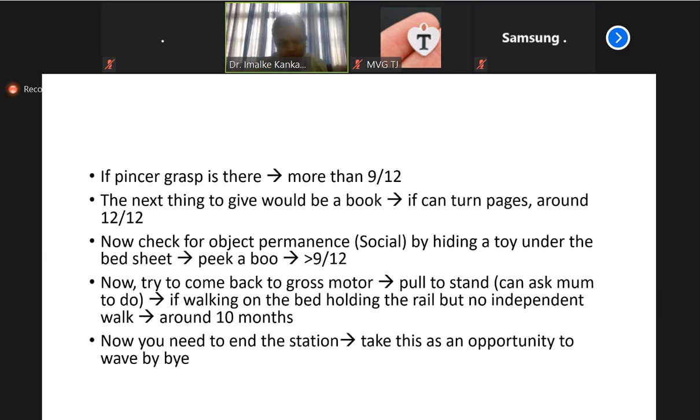And you can observe some speech and language development during your examination. When I am the examiner, I used to ask one or two questions from mom about the speech development if the child did not show any vocalizations. If the examiner did not ask that, don't try to do that.